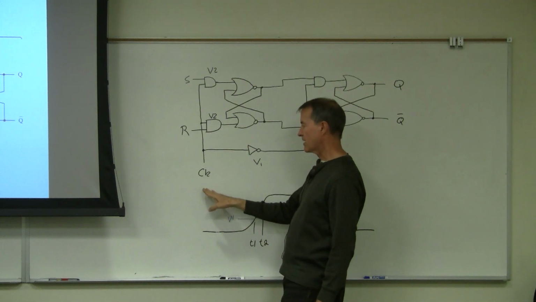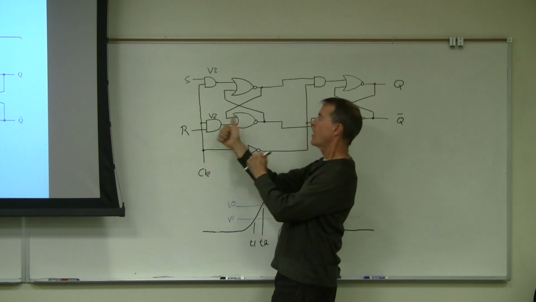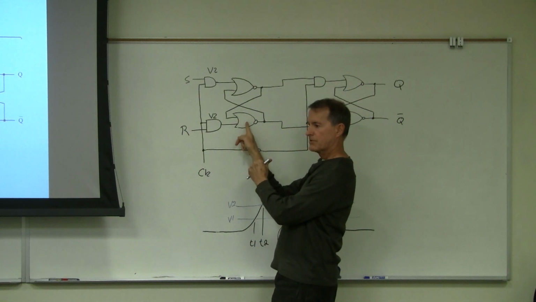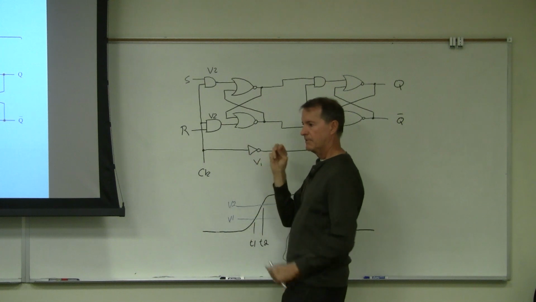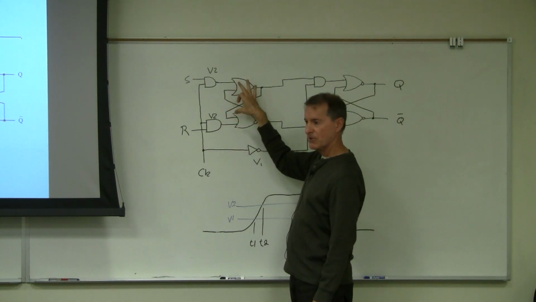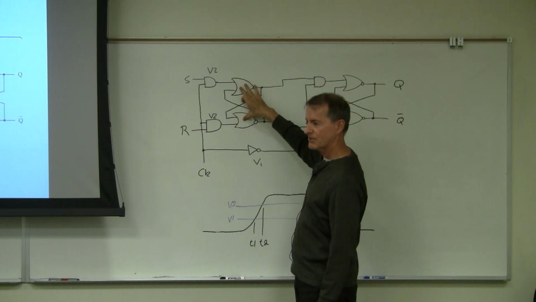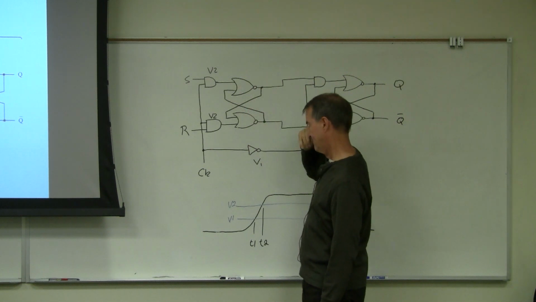So when the clock is 0, the S and the R are blocked from changing this. Because of the AND gate, they'd both be zeros. And so whatever state this is in, it's unchanged. Are you with me?